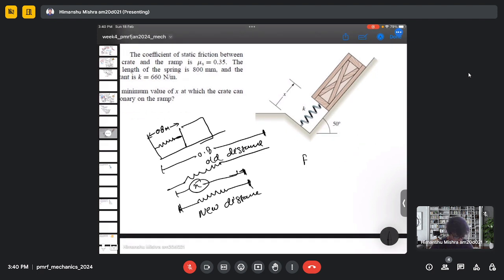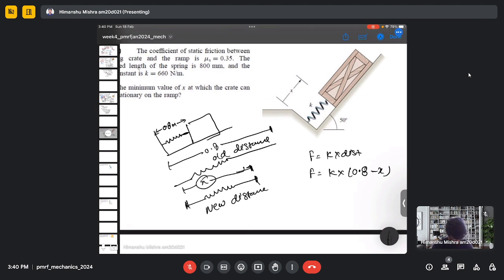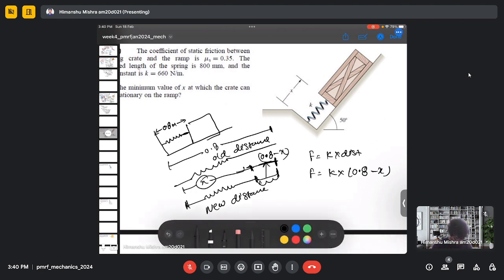So the force due to the spring will be given by k multiplied by 0.8 minus x, because this is the distance we need. This is the distance which is 0.8 minus x. So the block is covering this amount of distance, and therefore the force will be k multiplied by 0.8 minus x. k is my spring constant.